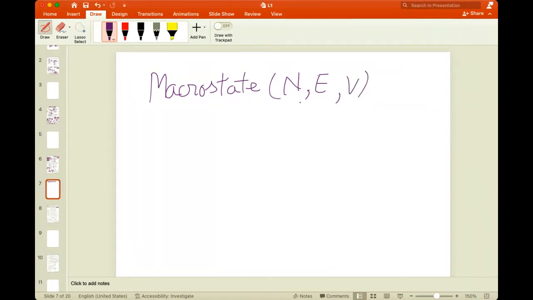So if I specify these three parameters, then I would say that I have defined the macro state of the system, right? System is any physical system, it doesn't matter. Right now we are not interested in what type of particles these are. So n is the number of particles, it doesn't matter what type of particles they are actually. But we are just interested in their statistic basically, right?